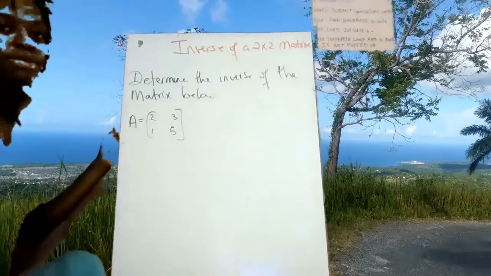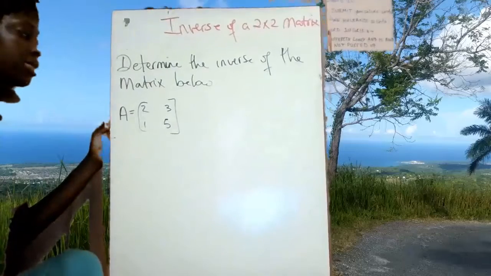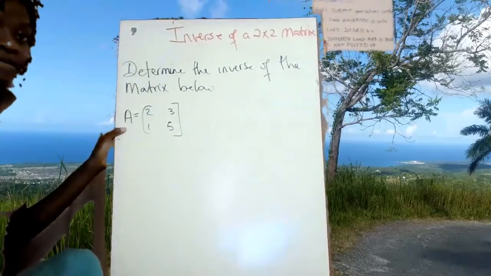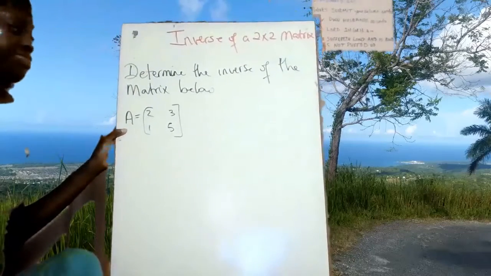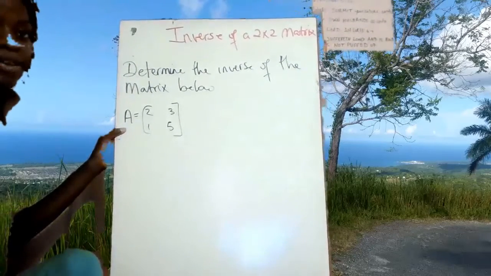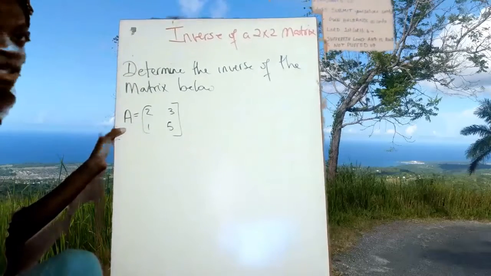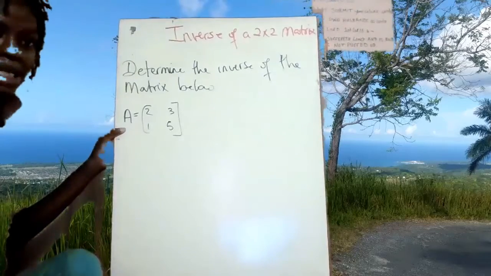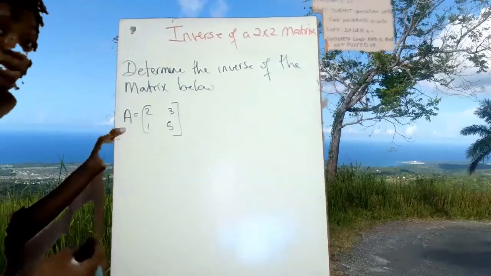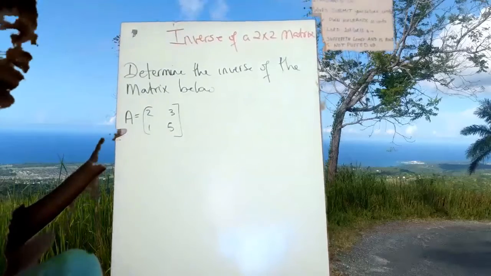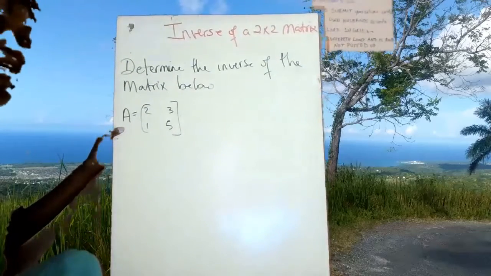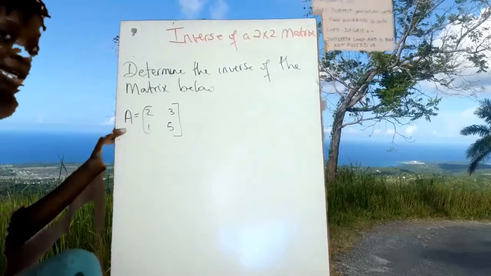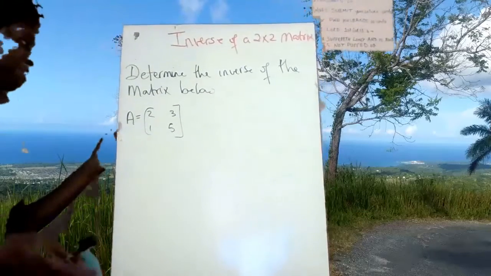So we are given this example: to find the inverse of matrix A, which is 2, 3, 1, 5. Now, I like to write the formula before I start doing a question, because it helps to eliminate certain mistakes, like substitution mistakes. It works as a guide, so I shouldn't skip anything, provided that I write the formula correctly.